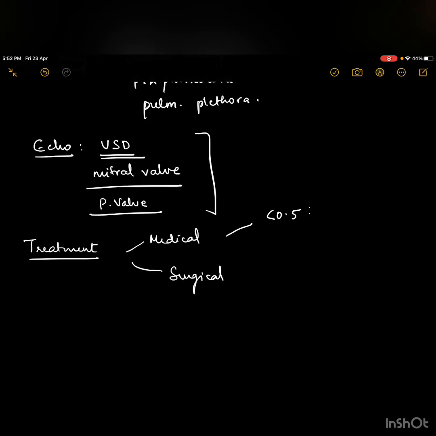There can be spontaneous closure, so they'll just wait and watch for the symptoms to recede and probably do repeated echoes, and then they'll find out that there can be spontaneous closure of the VSD. Sometimes, depending upon the size, they might require surgery to close up the VSD if it does not resolve spontaneously despite observation, and this can be done using a stent or a patch surgically used to close the VSD.